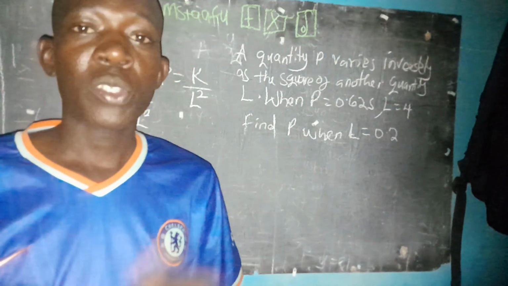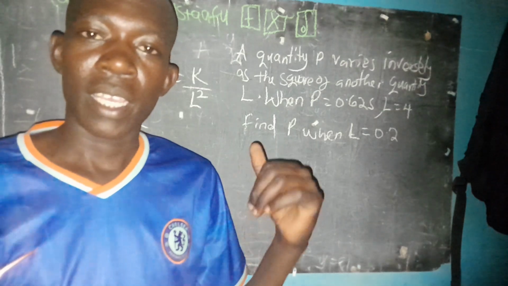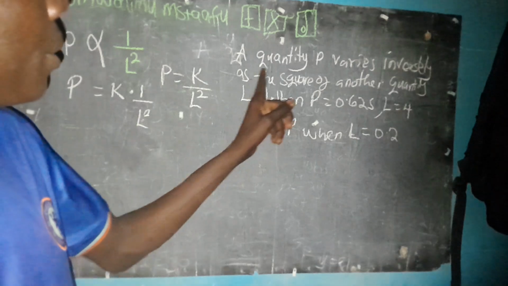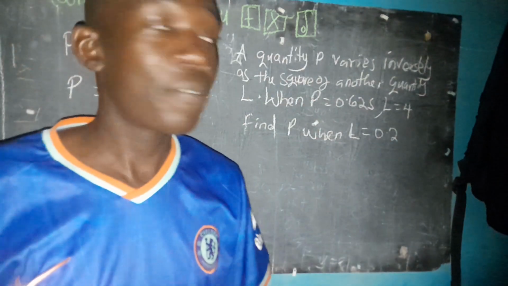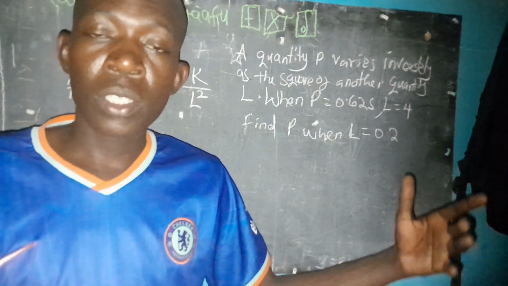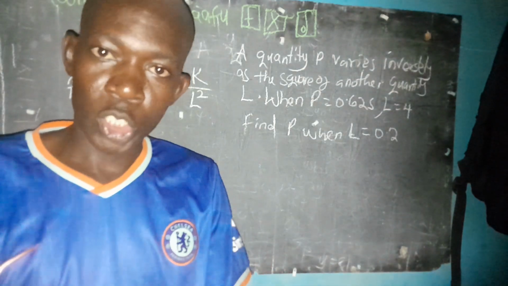And there's the first information that I've been given that connects the two. I've been told that when P is equal to 0.625, L is equivalent to 4. What's the connection between the two?